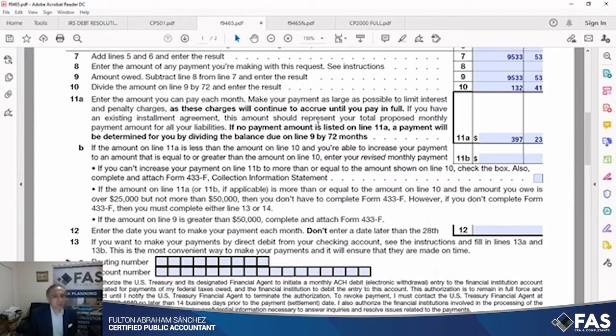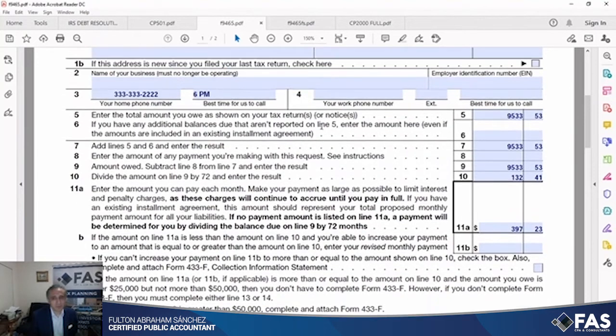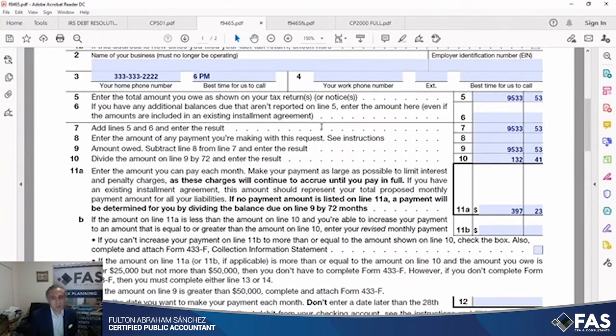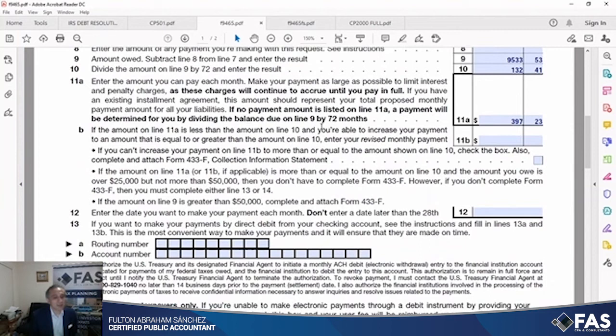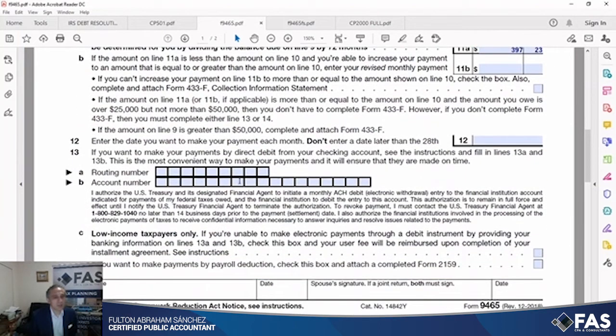In addition to that, for example, if you want to pay by automatic bank debits, the IRS will give you the option here to put your routing number and the account number.